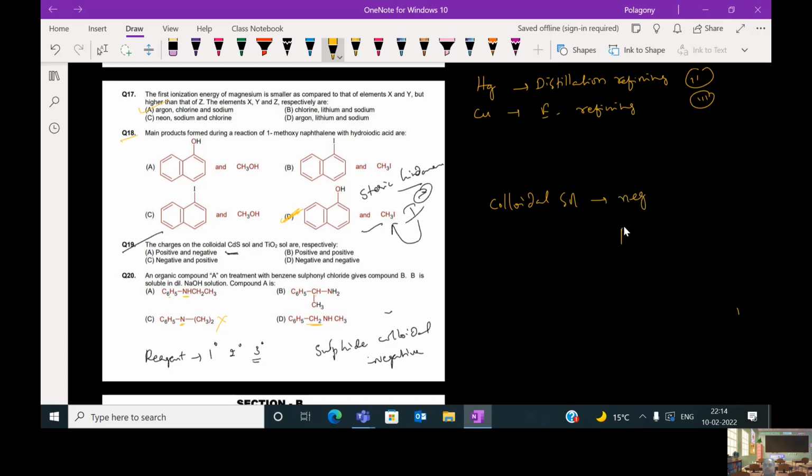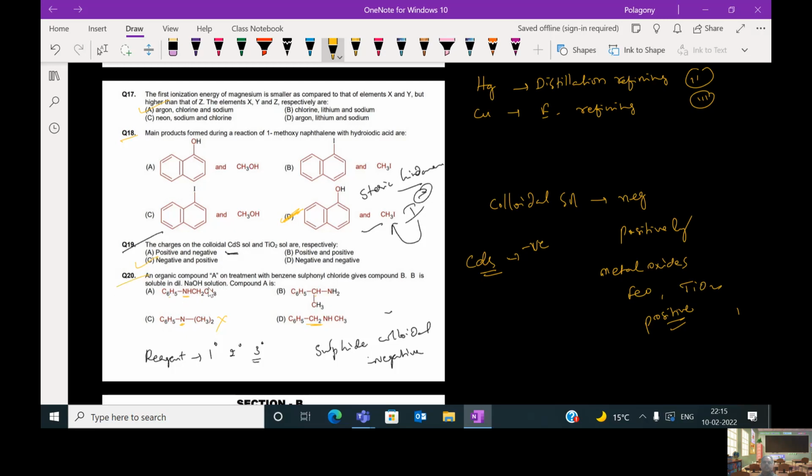Sulfide colloidal particles are negatively charged. Metal oxides like FeO and TiO form positively charged particles. That means negative and positive charge is the right answer.